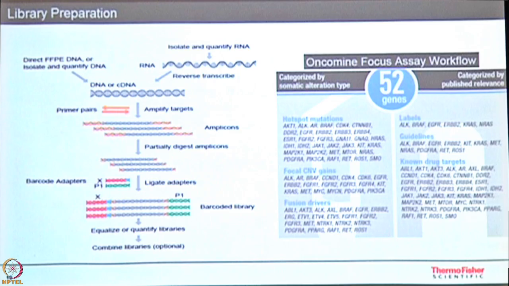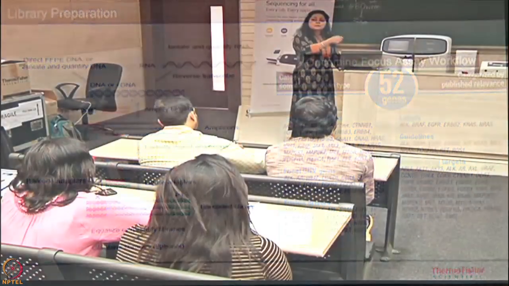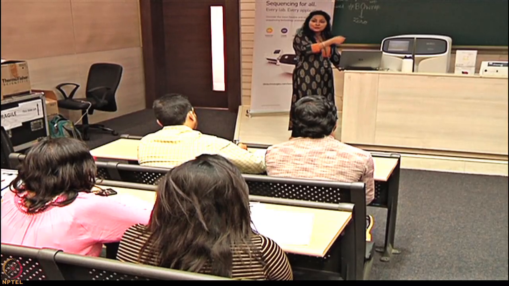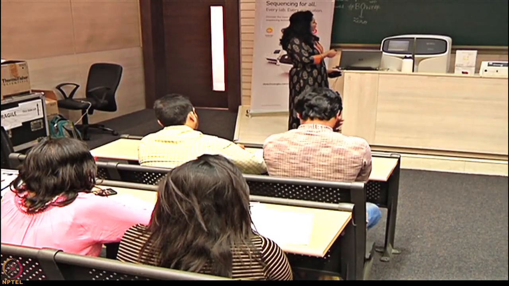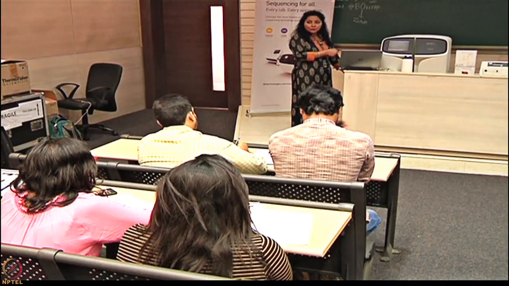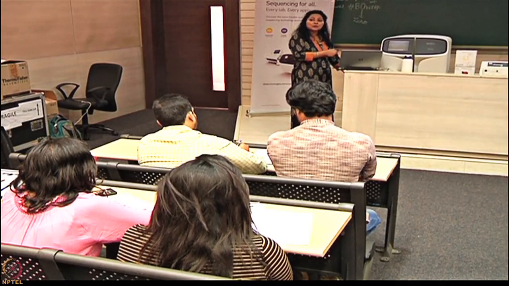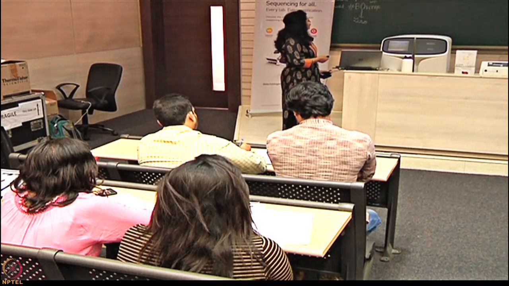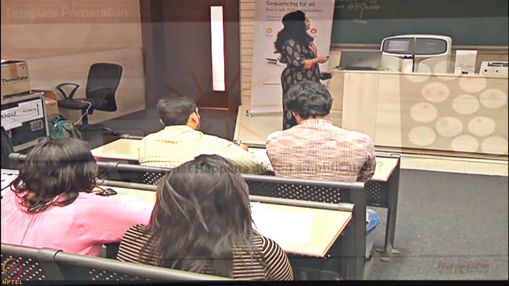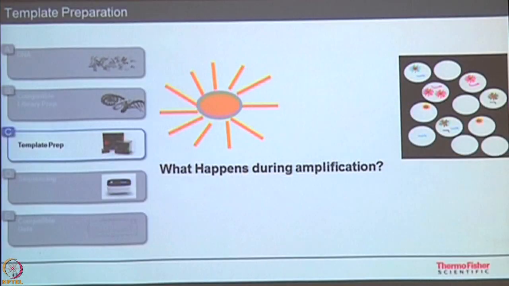We mentioned earlier that we are exploiting these adapter sequences to enable us to sequence these millions of fragments later on one chip. So we are using this P1 adapter sequence for the library molecules to bind complementarily onto the ion sphere. These ion spheres are coated with oligos which are complementary to the P1 adapter.